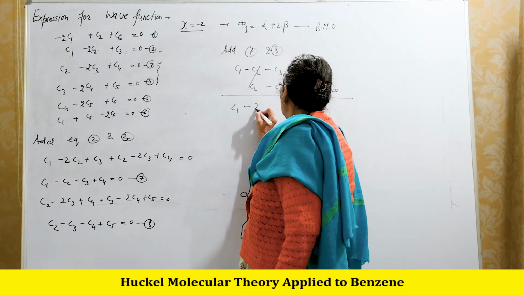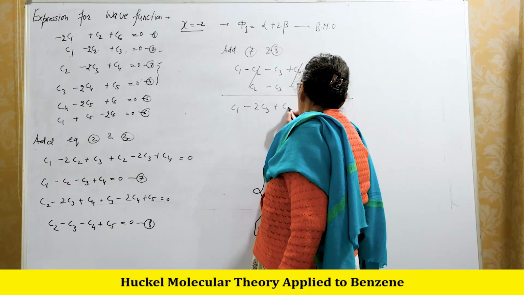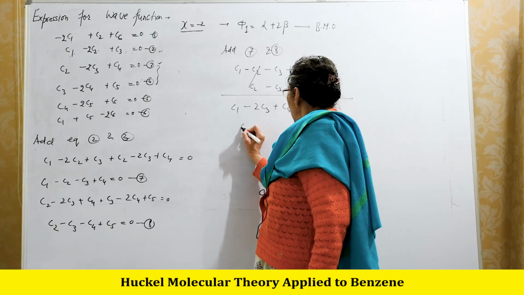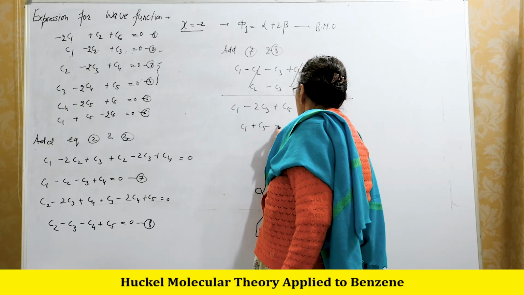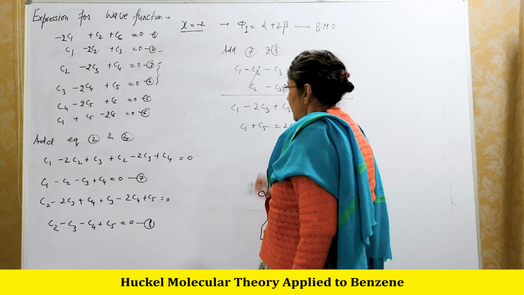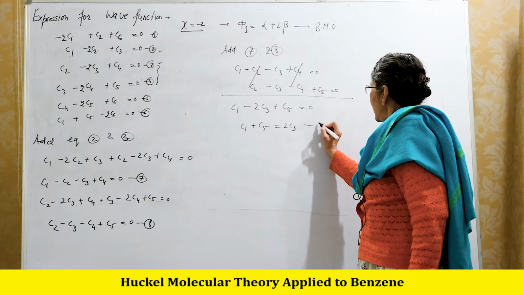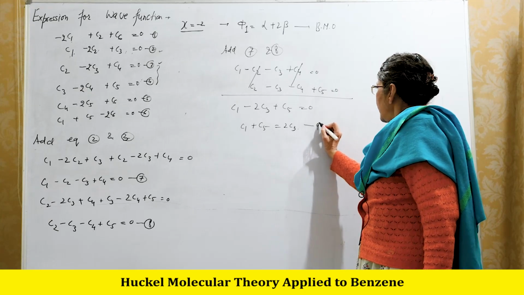C1 minus 2C3 plus C5 is equal to 0. Therefore, C1 plus C5 is equal to 2C3. This is, say, equation number 9.